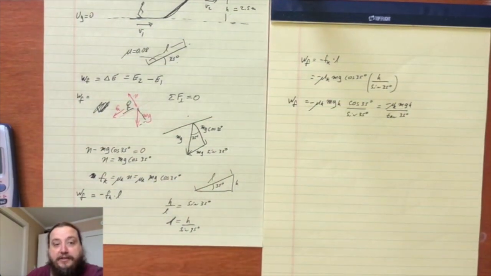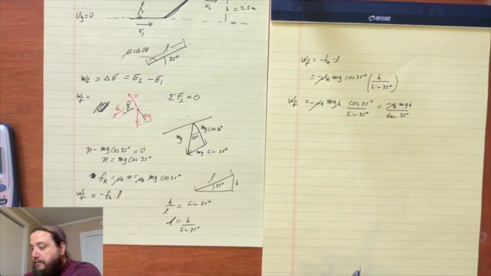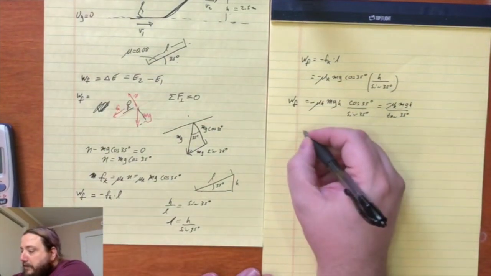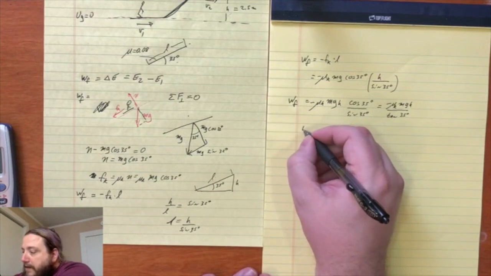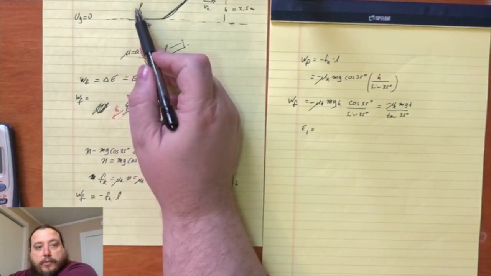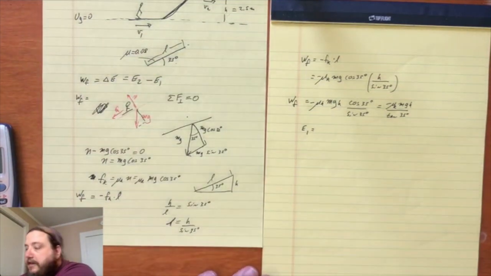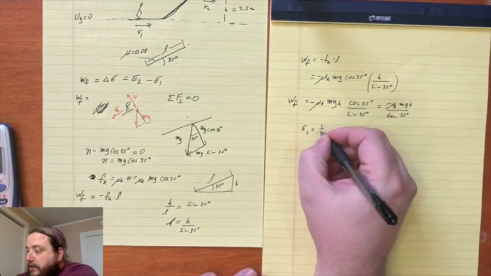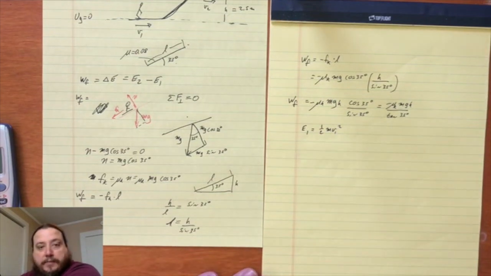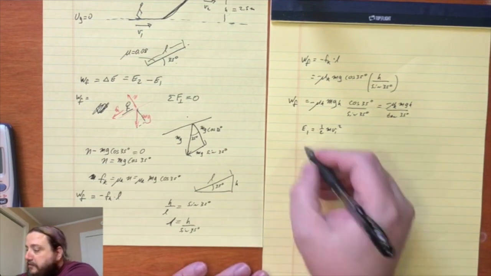So that's the left-hand side of our work energy equation. The right-hand side, the energy at moment 1, we just have kinetic energy, so we have 1/2 mv1 squared, but we don't have any gravitational potential energy, and we don't have any spring potential energy.